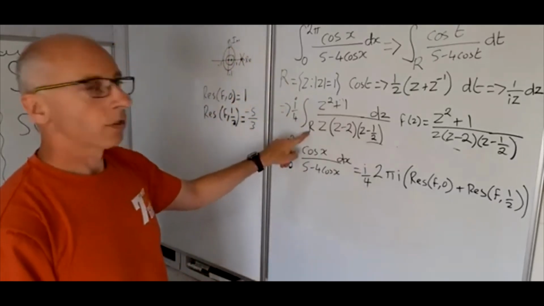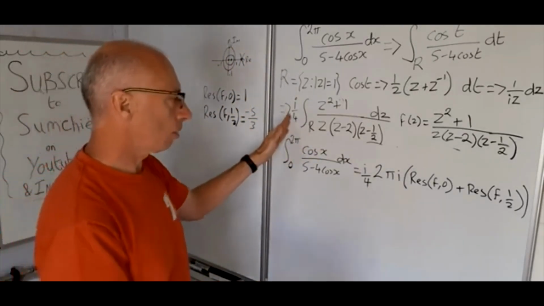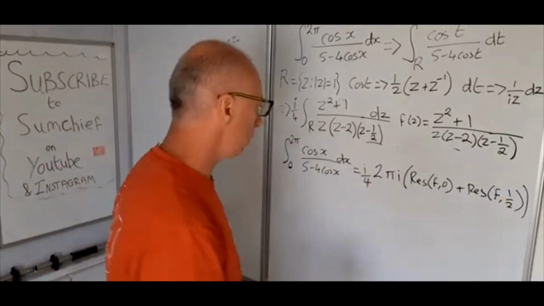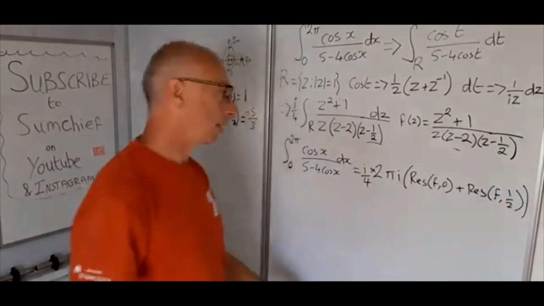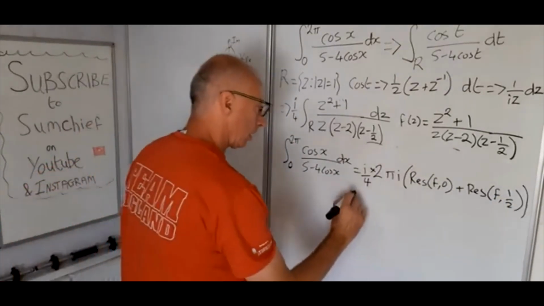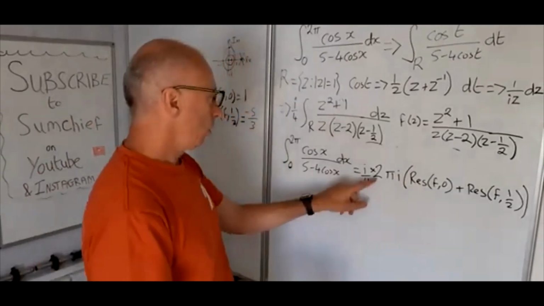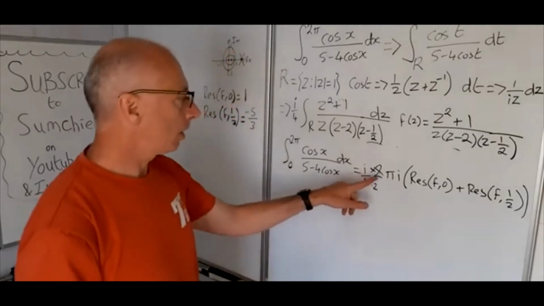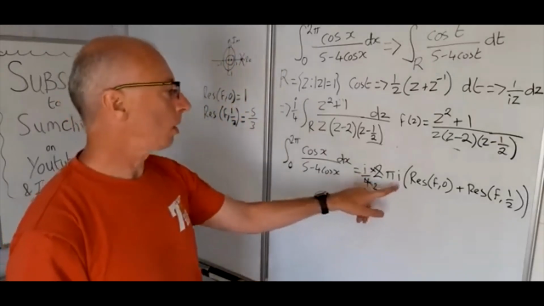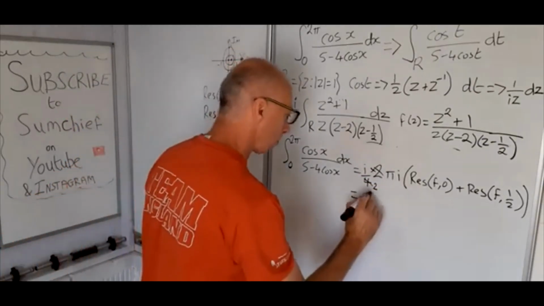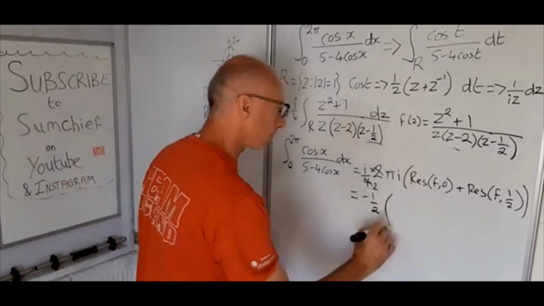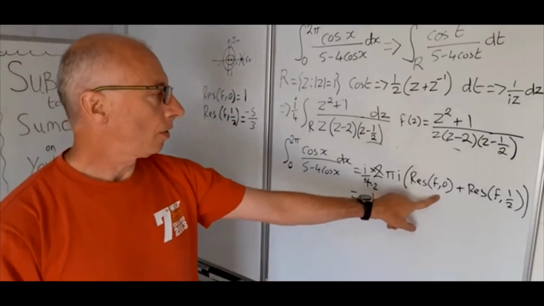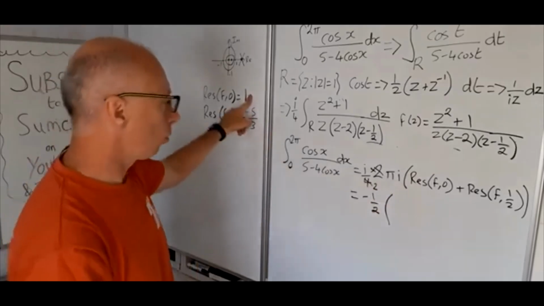Because the integral here has taken this out as a constant multiple, so we then need to multiply the rest of this by that. Okay, so 2 and 4, that becomes the 2. i times i is i squared, which is minus 1, so that becomes minus 1/2. The residue of f at 0 is 1.